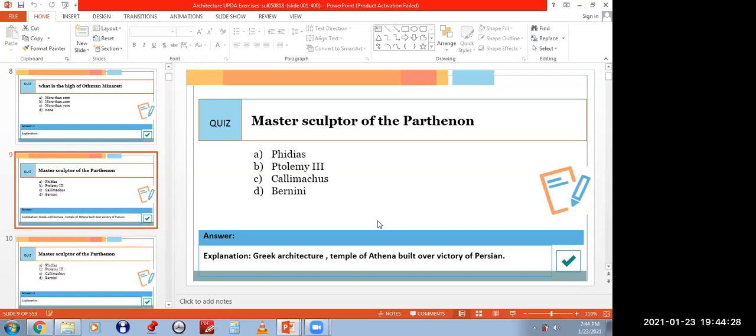If you need any extra information, you really need to read. Take this question, for example, on the sculptor of the Parthenon. If you ask me to explain it, it will be a very long lecture, and all of us have been through 5 years of architecture school, so it'll be a little bit difficult to get back to that. So I really urge you all to read, please.